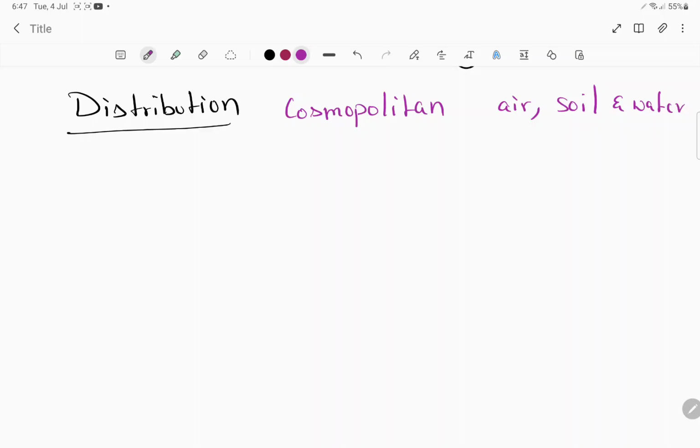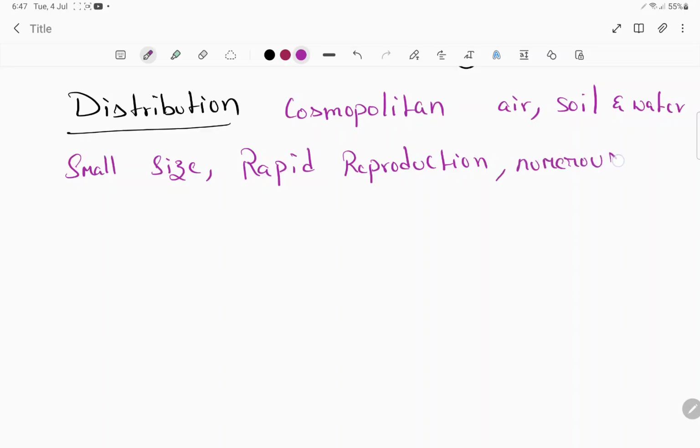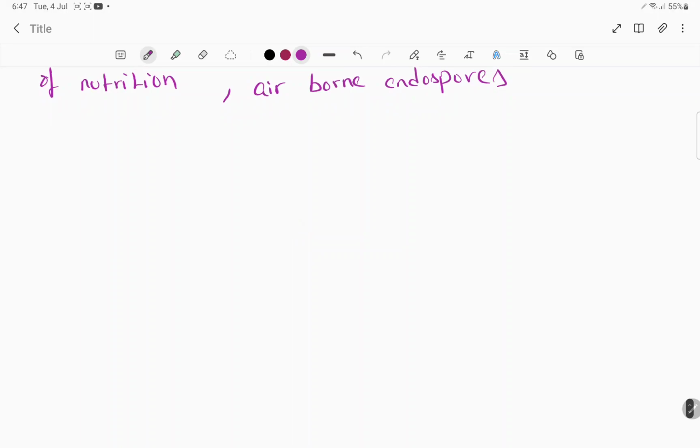The reasons why they are found in all habitats are small size, rapid division, rapid reproduction, numerous modes of nutrition, and airborne endospores, which form during unfavorable conditions. Bacterial cells have been seen in seed beds and in the atmosphere.